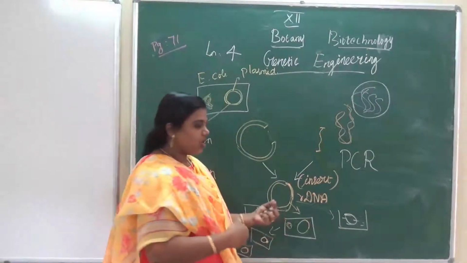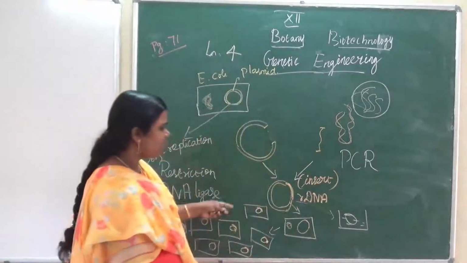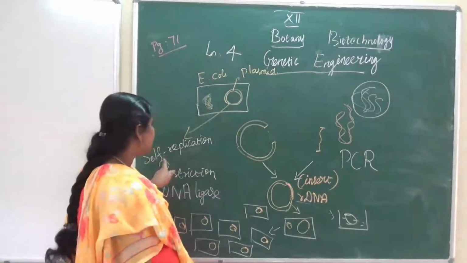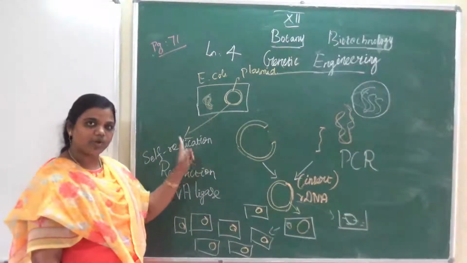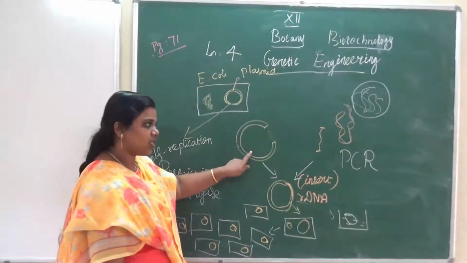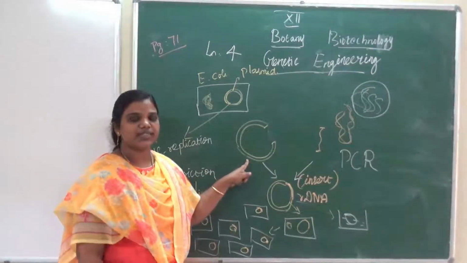That is the PCR method. Why do you select the plasmid? The plasmid is self-replicating, so you should select plasmids as the vector. Okay, it's clear for you.